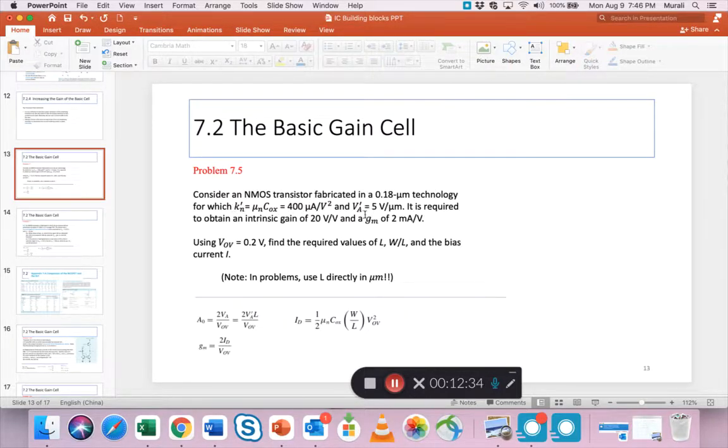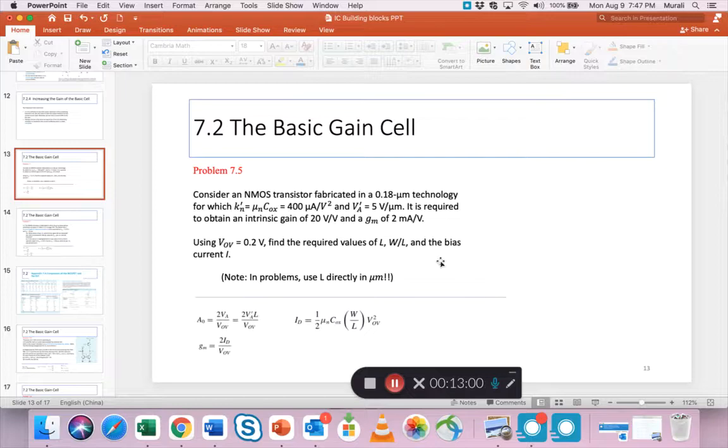VA prime is given and Kn prime is given. It is required to obtain an intrinsic gain of 20. That means A0 has to be 20 and a gm of 2. Okay. More data: your overdrive voltage is given to be 0.2. With that, find the required values of L, W/L, and the bias current I.